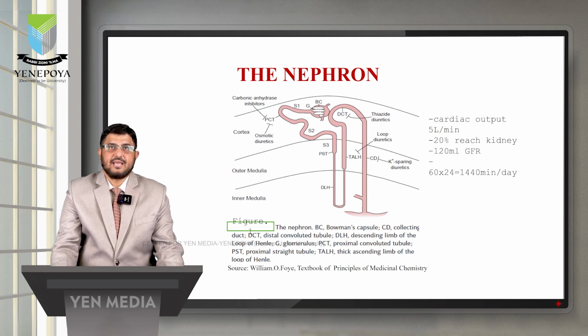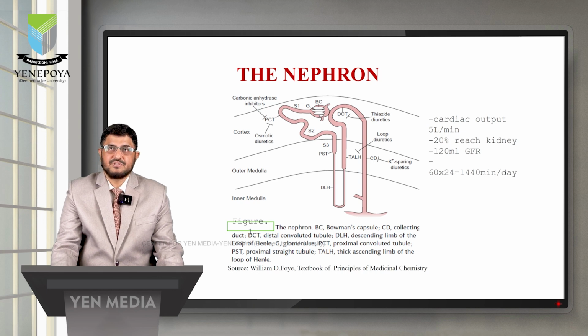It is just 1 ml. So this nephron, the master chemist, will reabsorb 99%, and only 1 ml is produced per minute as urine out of the filtrate which is passing through the nephron. So we will come to know how these drugs act on these different parts of the nephron and modify the rate of urine.